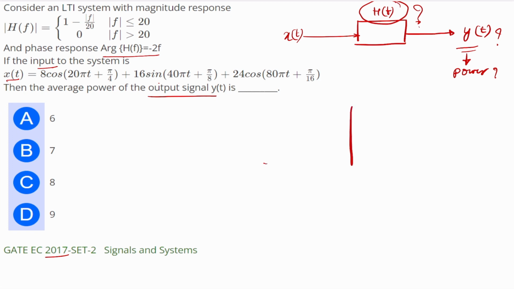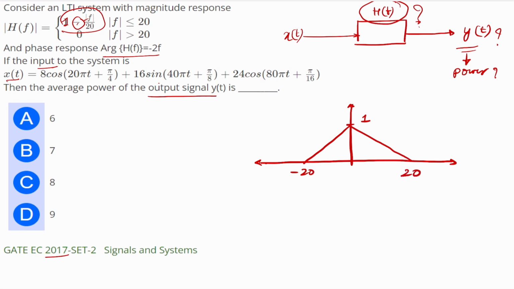This LTI system is defined like this. It's nothing but a triangular waveform. You can say that it has an intercept of one, a slope of negative one, and extends from minus 20, with a positive slope on the other side, up to 20.